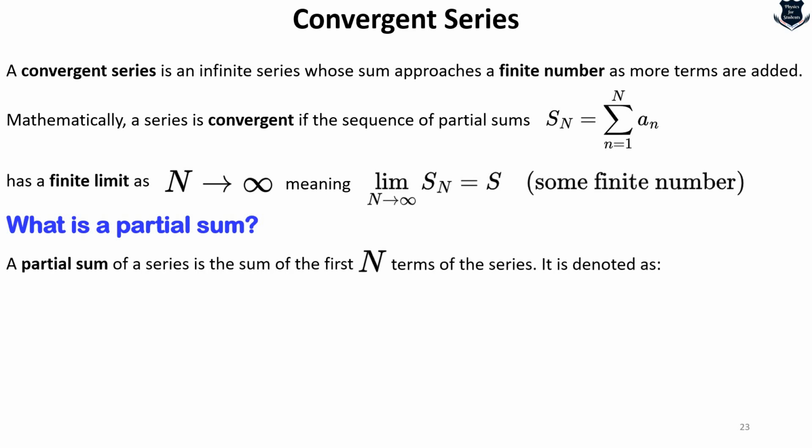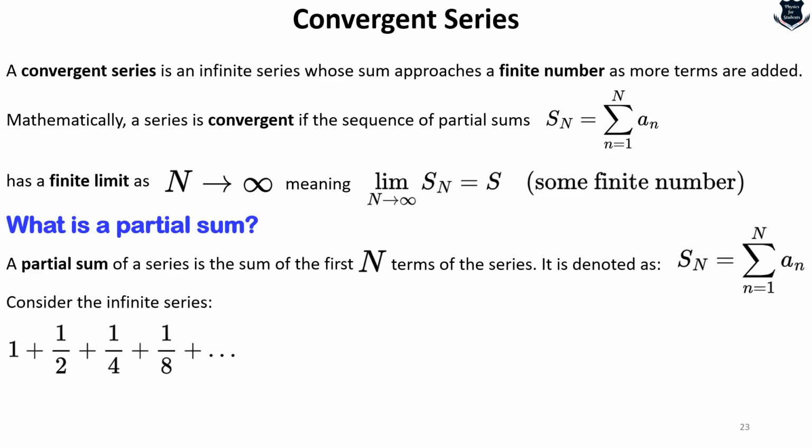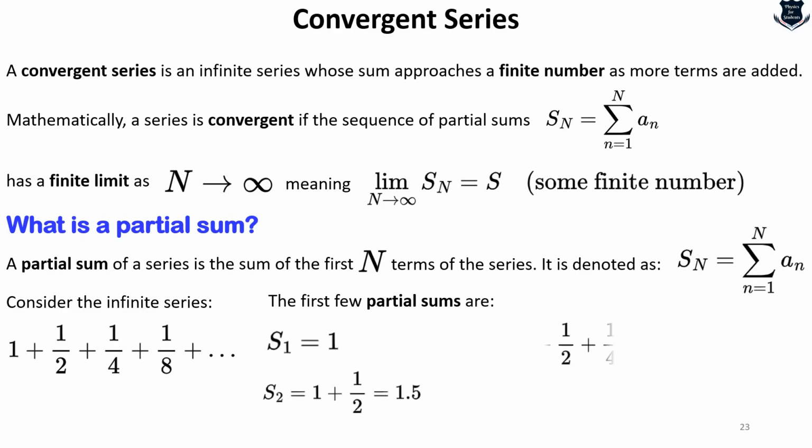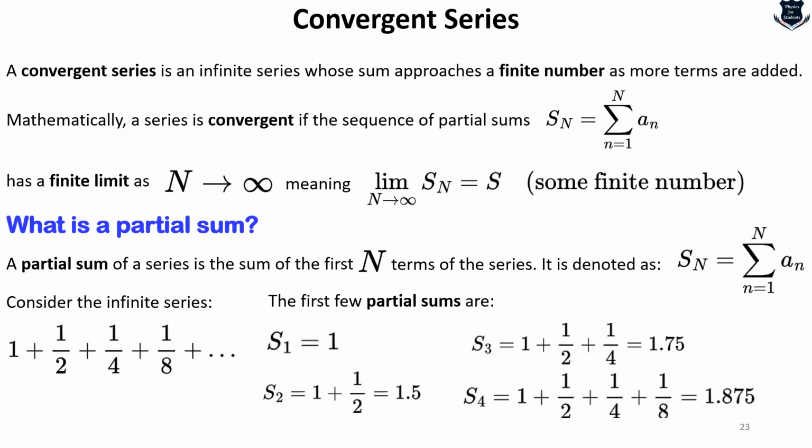A partial sum is the sum of the first n terms of the series. For example, if you consider the series 1 plus 1/2 plus 1/4 plus 1/8 and so on, then the partial sums are S1 equals 1, S2 equals 1 plus 1/2, S3 equals 1 plus 1/2 plus 1/4, and so on.